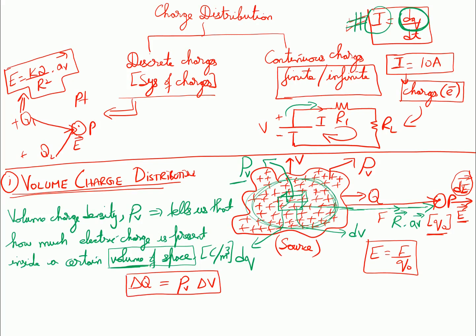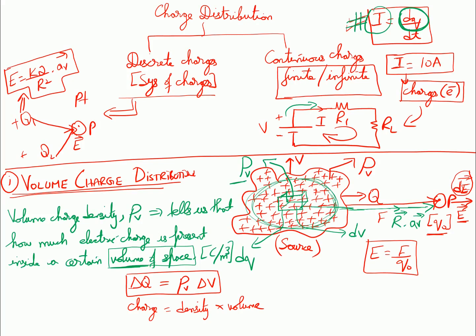So this is basically the definition of the charge: charge equals volume charge density multiplied by the small volume inside this space. So this is telling us that there is a small quantity of charge in a small space.